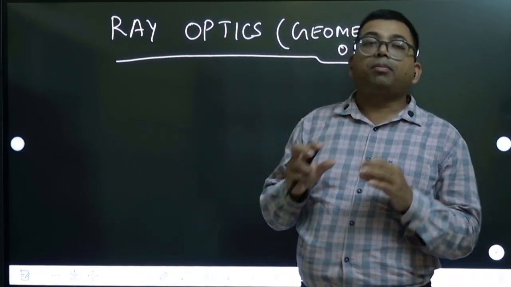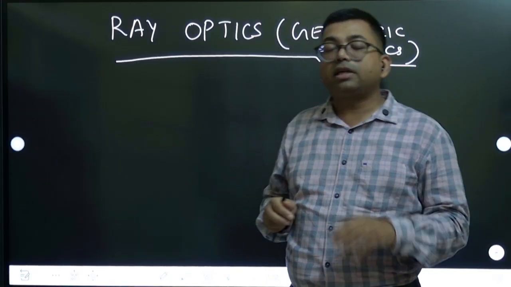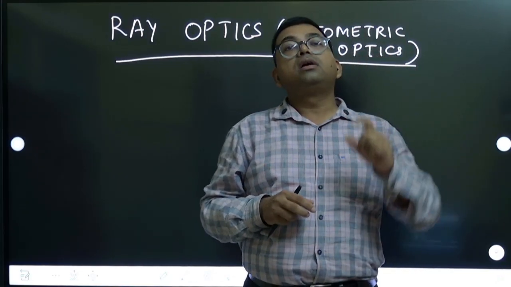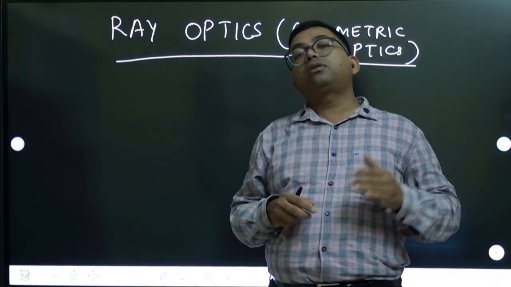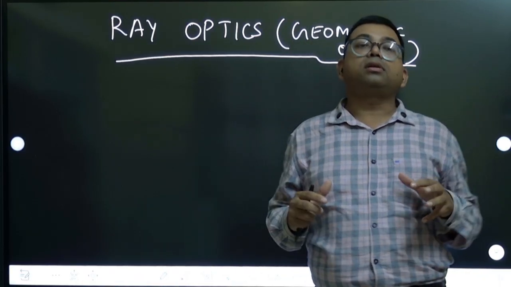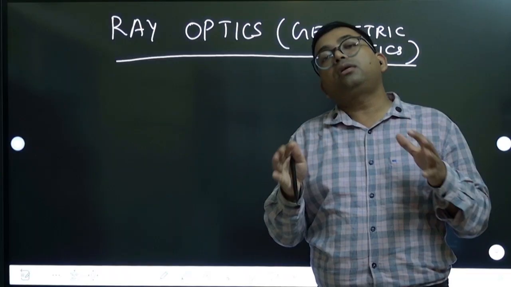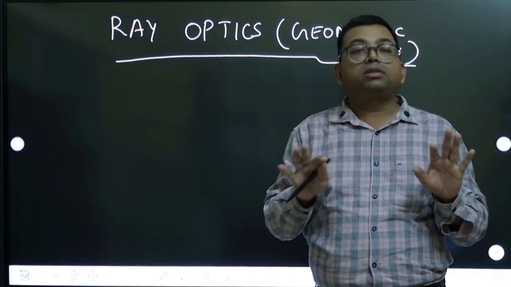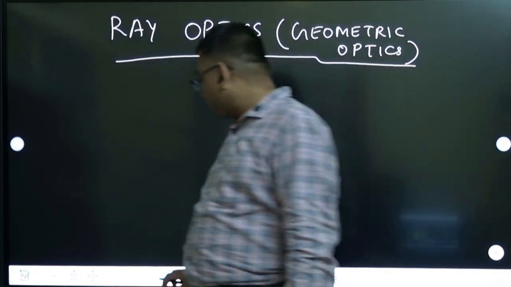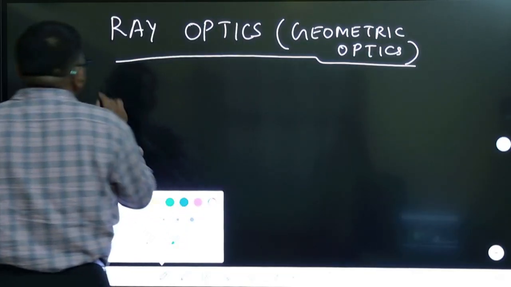So when do we apply the concept of ray optics? The concept of reflection, refraction, total internal reflection, dispersion, all this chapter what you will study, these phenomena are related to some limitations. It has got limitations.